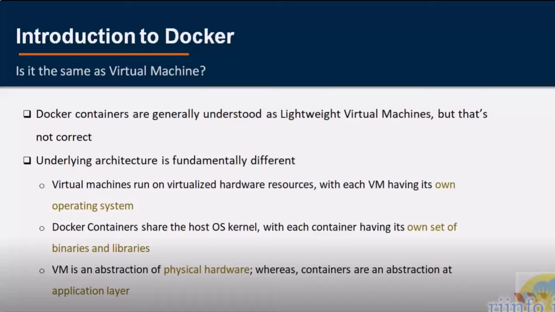Whereas the containers just have their own set of libraries and binaries, as we have seen, and they share the kernel of the host running the Docker engine. A container provides the user space of an operating system. Hence, containers are an abstraction at the application layer, whereas virtual machines provide abstraction at the physical layer. So the abstraction is provided at the application layer in the containers concept.